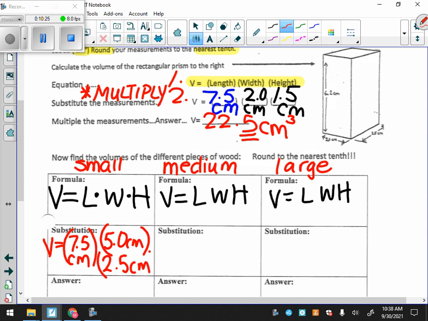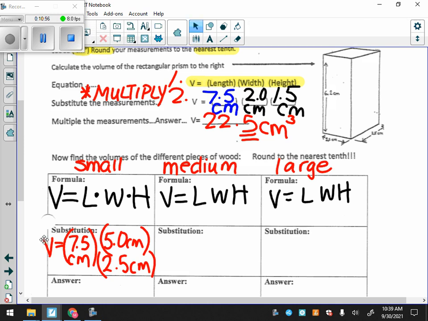So what do I do to these three numbers? You need to multiply. So you take your calculator and you multiply them. All right, so you multiply these three numbers together, and what do you get?